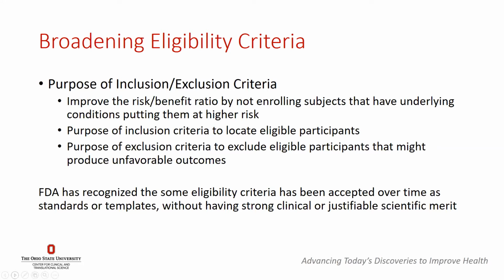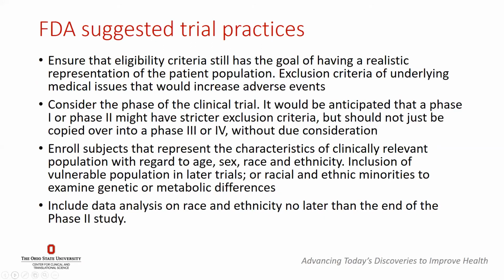However, is this a strong clinical or scientific merit if this is a disease that is prevalent across the cultures, in which case it would not be. So these are some things that we want to talk about: do these exclusion criteria really have a purpose, or are they just an easy way to go about enrolling in your study?